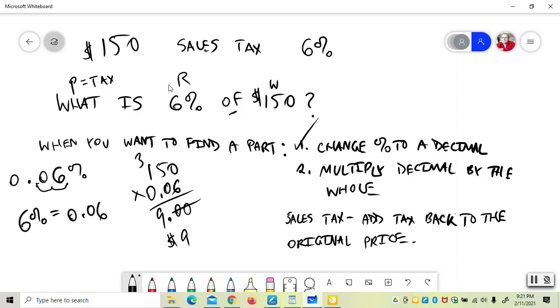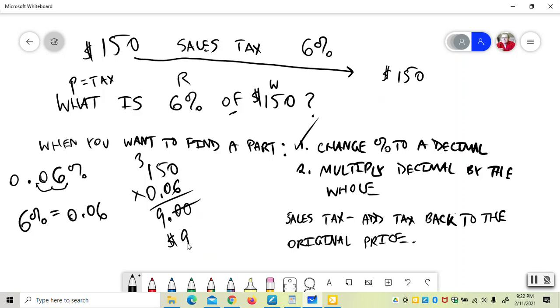So I'm going to take my original. Since there's no cents in this case, it's $150 even. I don't need to add that. I mean, I could do that if I wanted to, but it's not necessary in this case, so I won't. That's why I dropped the zeros here.